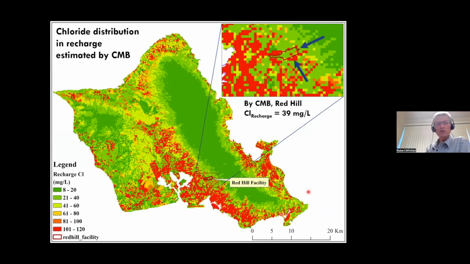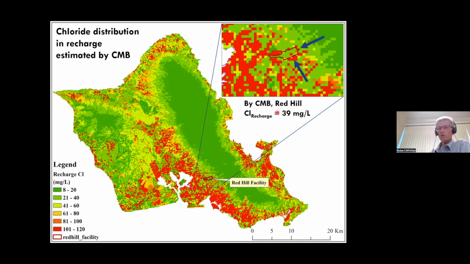So this map shows the distribution of rainfall and dry deposition chloride in recharge. The inset shows the Red Hill area, and the arrows show our two conceptualized groundwater flow trajectories. The average recharge concentration of chloride above the facility would be about 39 milligrams per liter.